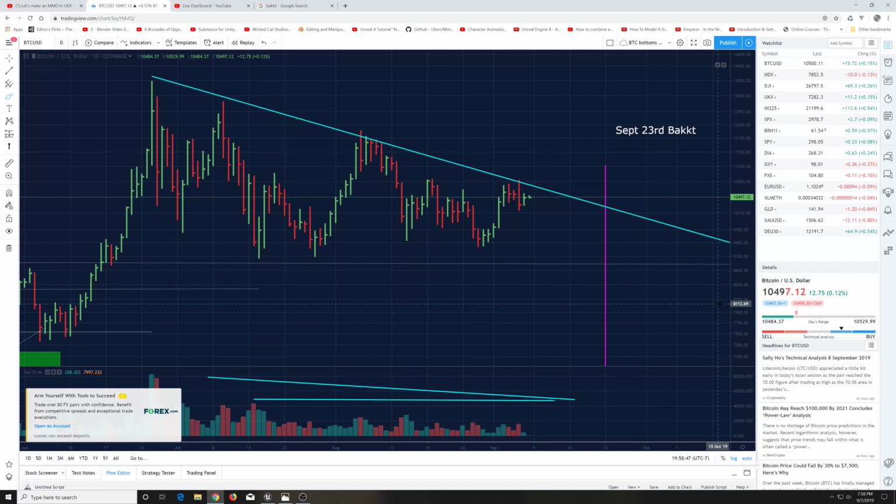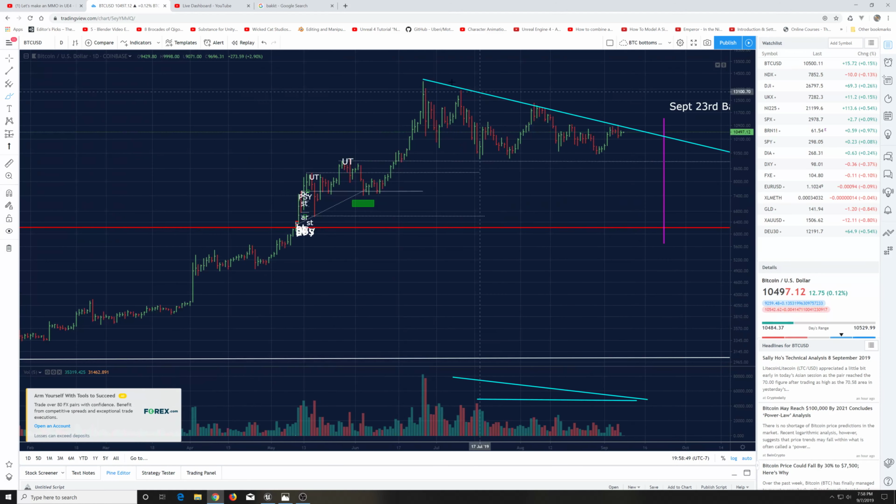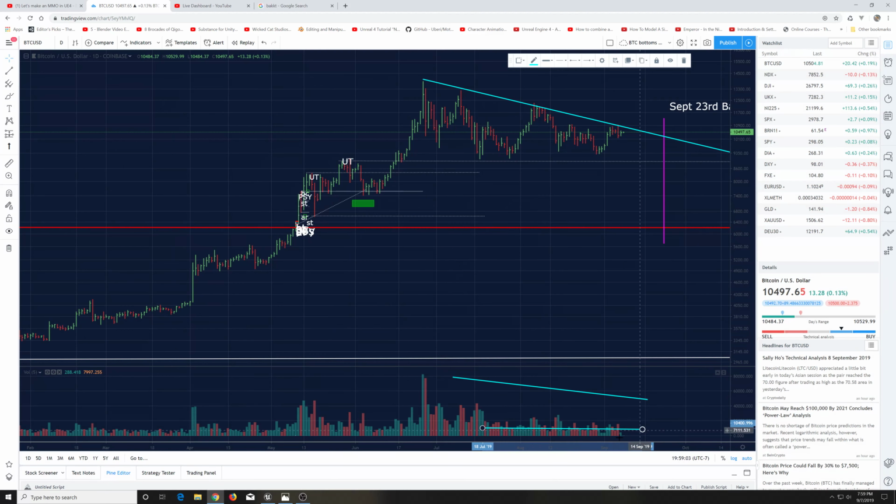Because why? Well, this is a descending triangle, right? And if we take a look at the volumes, the buys, the greens down here, let me get that out of the way. Okay, so if we look at the volumes down here, we can see that they're right around this level here.